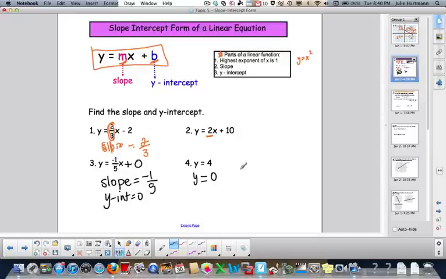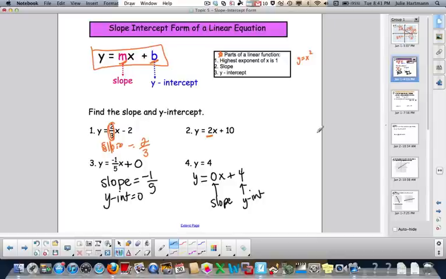My pen is not responding very well, so let me finish this. So 0 is your slope and 4 is your y-intercept. Remember, if it's just a number, that gives you a slope of 0 and a y-intercept of 4.